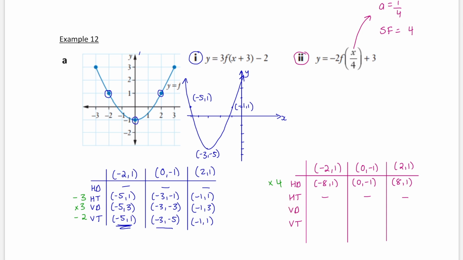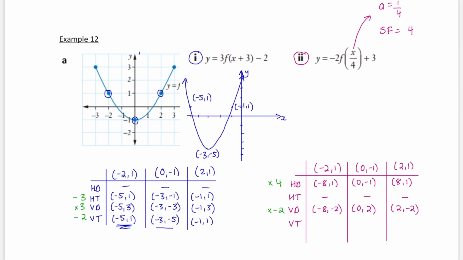My vertical dilation I do have, it is a scale factor of -2. So I'm multiplying all my y values by -2. So here I have -8 and 1 becomes -2. -1 becomes 2. 1 becomes -2.